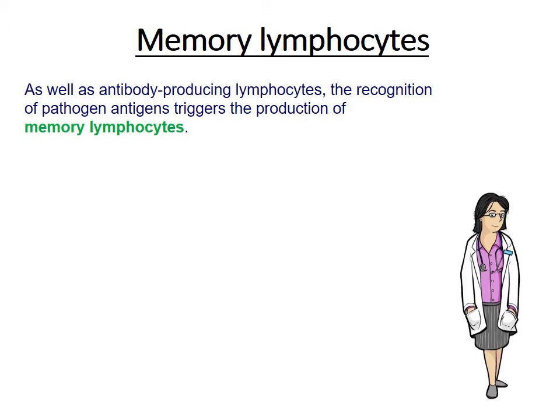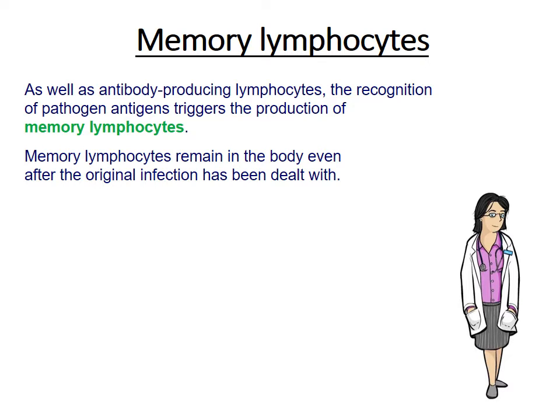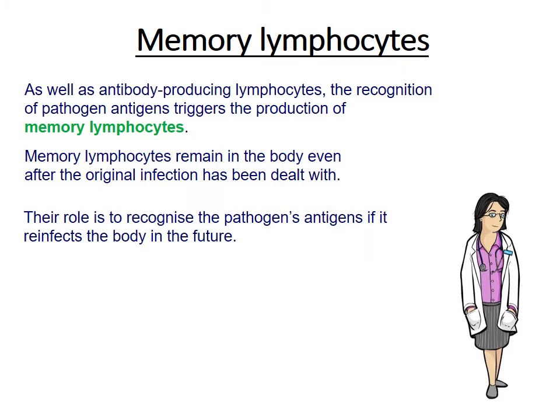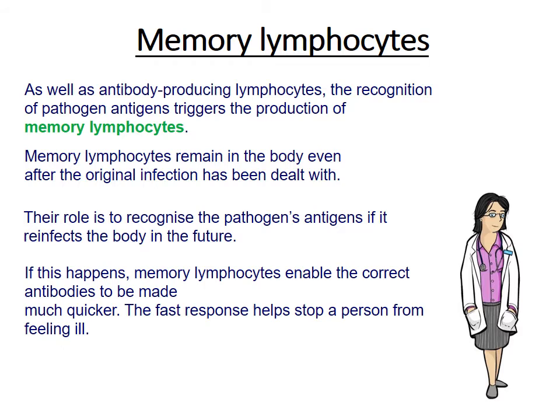So these are white blood cells that remember how to produce the correct antibody in order for you to be able to destroy the specific pathogen. So they can remain in your body for years and years and even decades. And if that pathogen comes into your body again, then those memory white blood cells will rapidly produce the correct antibodies and they will help to destroy the specific pathogen.